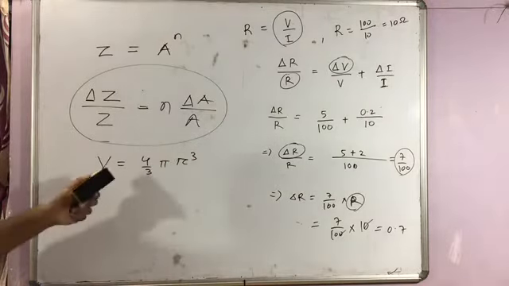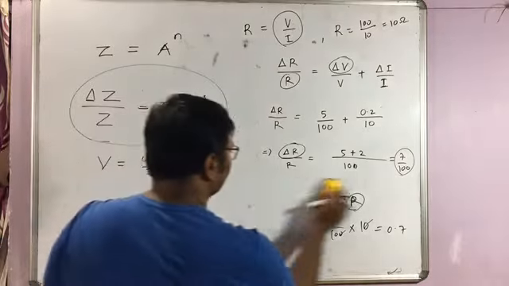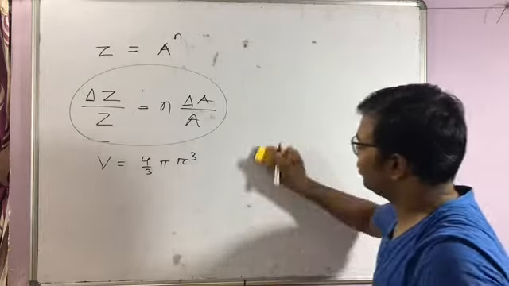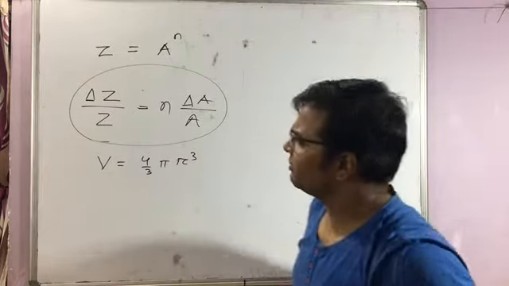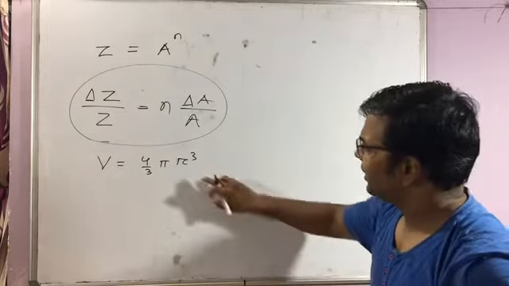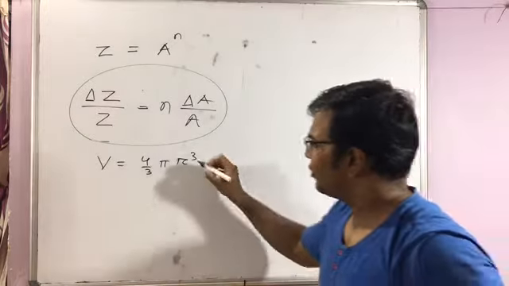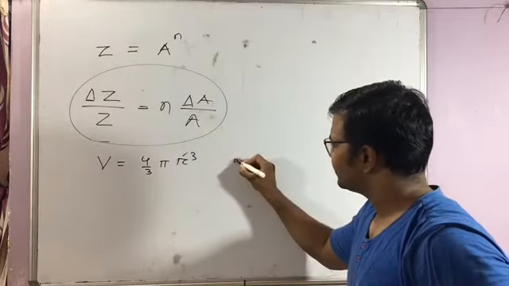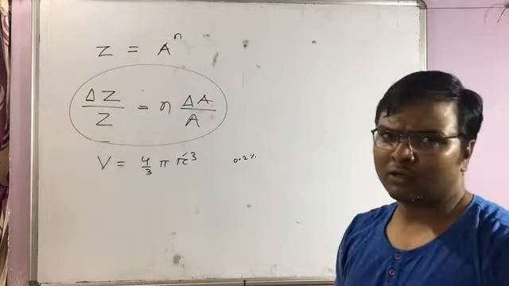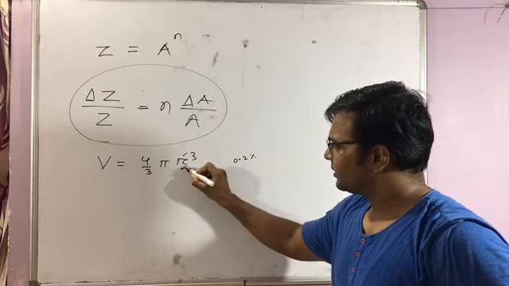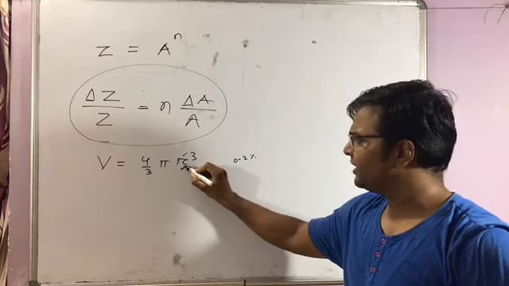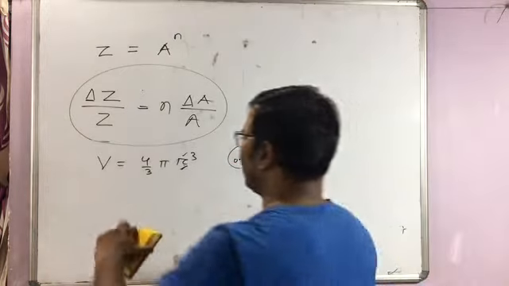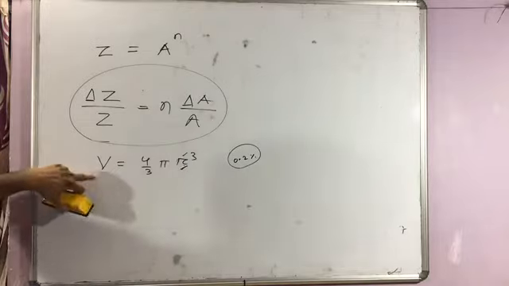The question asks to find the percentage error in the measurement of volume if the percentage error in the measurement of the radius of the sphere is, let's say, 0.2%. So find the percentage error in the measurement of V.